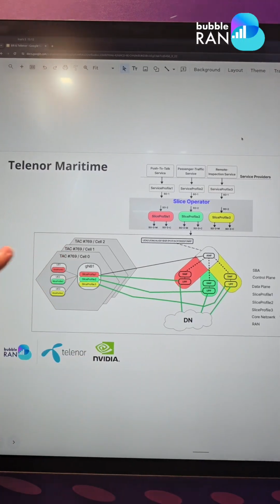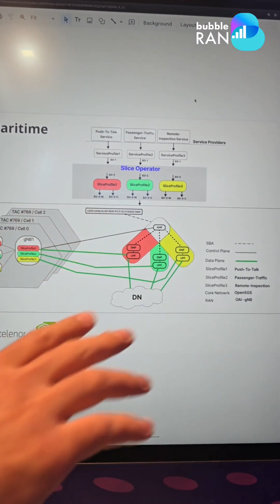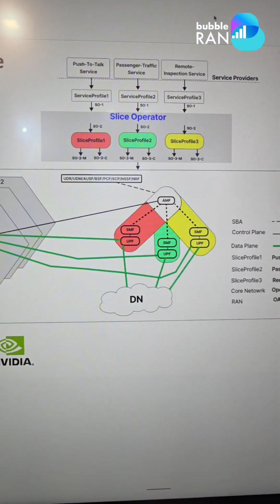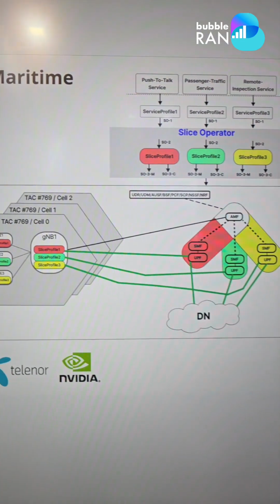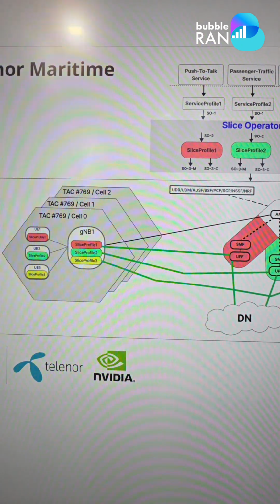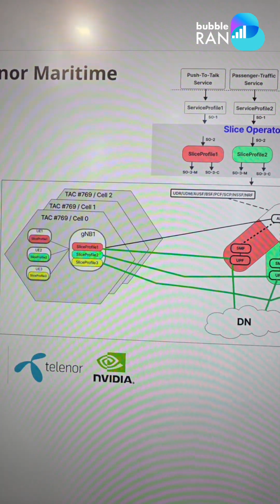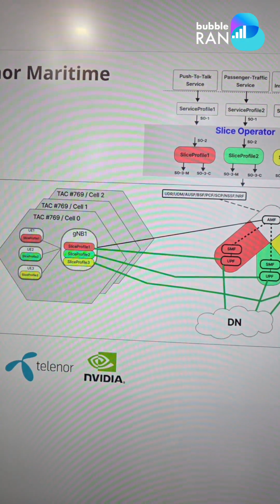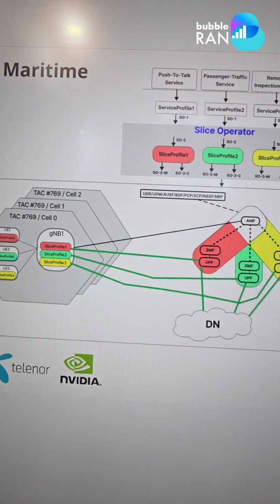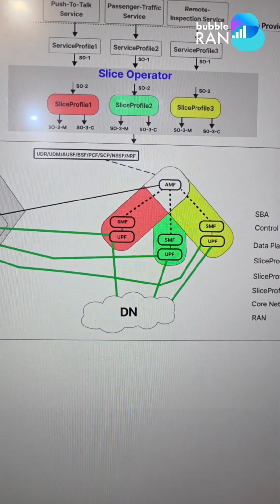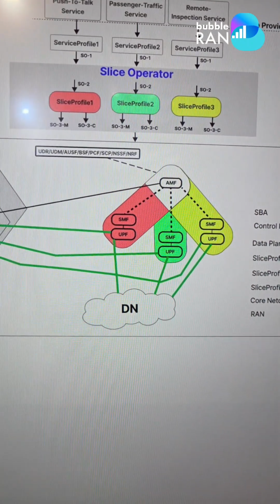So here we can see the connectivity of the network functions that the slice operator decided to create. Because we have one gNodeB on the ship, the BubbleRAN network slicing framework decided to divide this gNodeB into 3 slices, and at the core network side create one UPF for each slice.